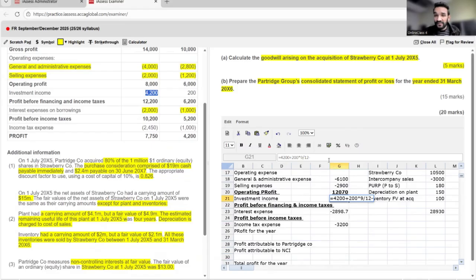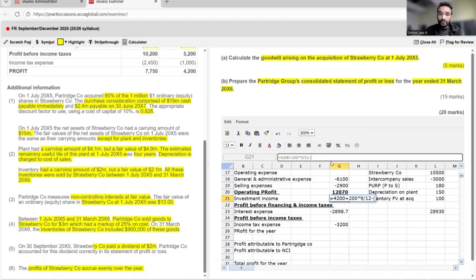What was the total dividend they paid? 2 million, and out of that we received 80%, because we own 80%. So it's 2,750. Now we have done all the calculations, so we can sum the remaining figures, right?